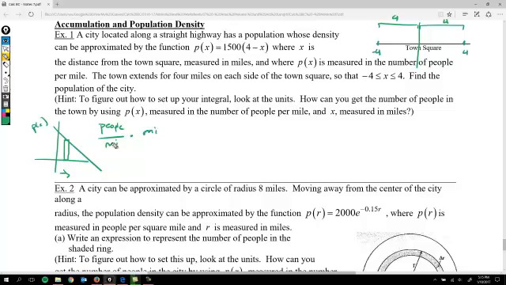And so each of these areas represents however many people I have at that specific distance.